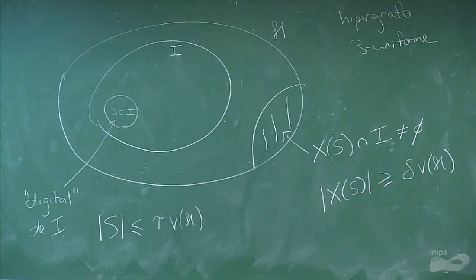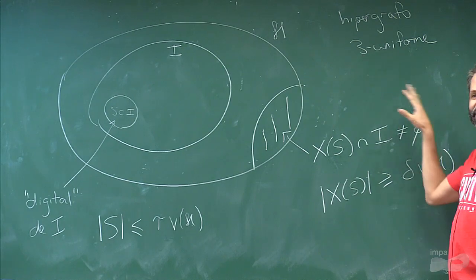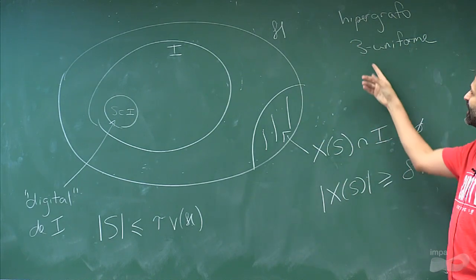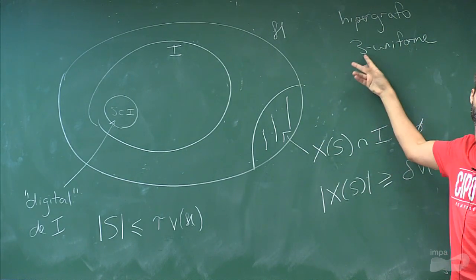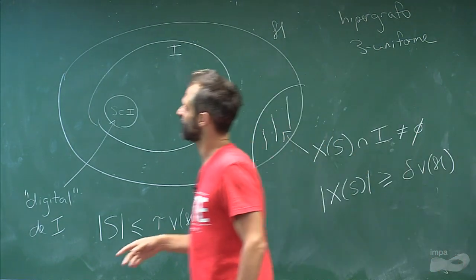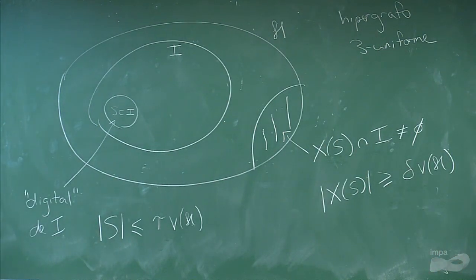So let's see how we do it if, instead of working in a 3-uniform hypergraph, let's try and do this exact strategy in a 2-uniform hypergraph, a graph.